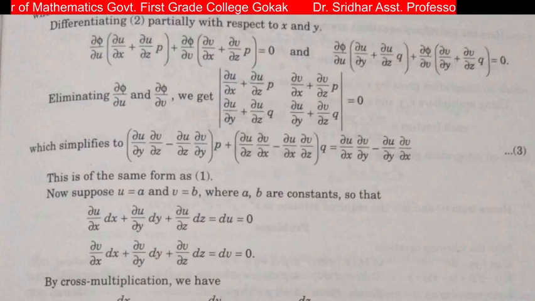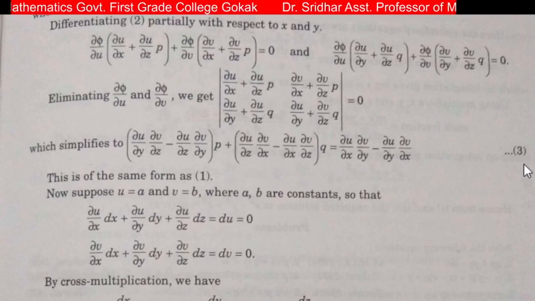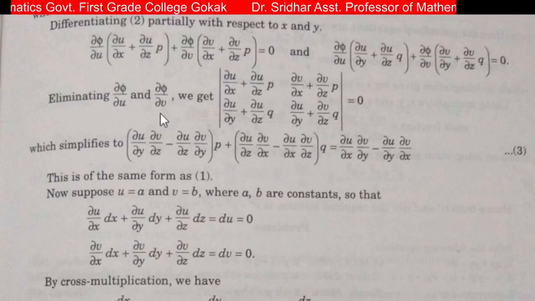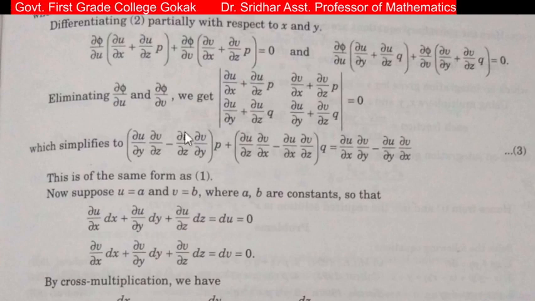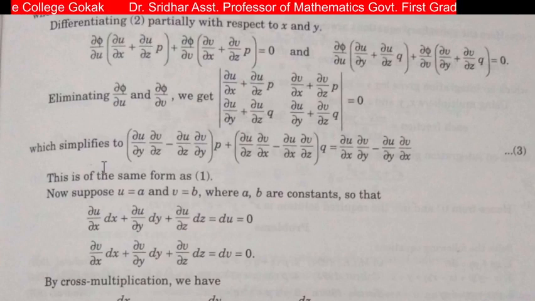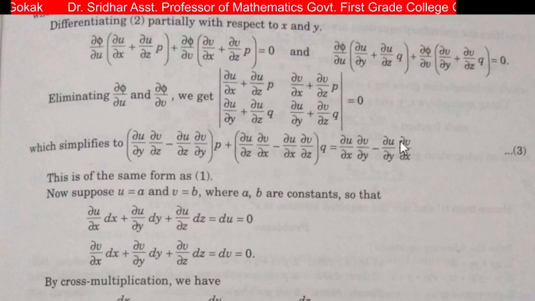Now compare equation 1 with equation 3. This is also of the same form, Pp + Qq = R. So capital P is equal to this term, capital Q is equal to this term, and capital R is equal to this term.